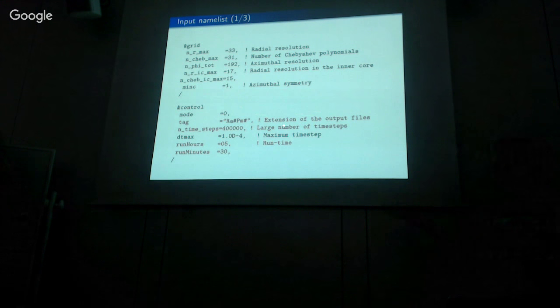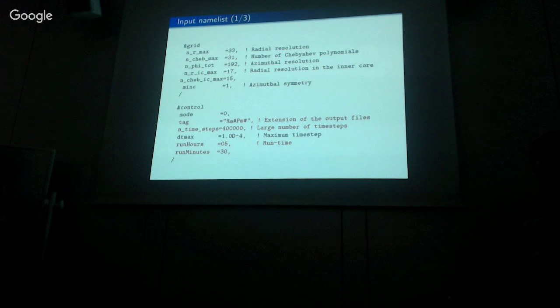So first you change your tag from test to something like this: Rayleigh number, magnetic Prandtl number, and your number of time steps. We're going to run them much longer today, and your runtime. So the idea is that you start your runs now, and when you return after lunch, the hands-on session in the afternoon, we look at them, and hopefully they would have completed by then.